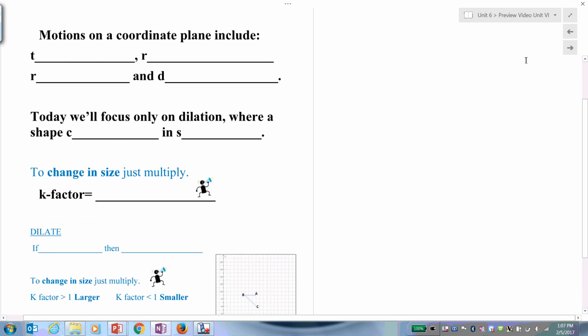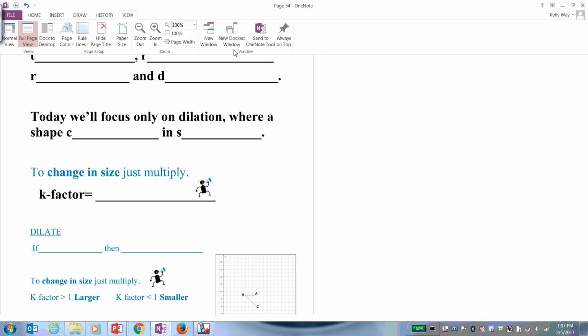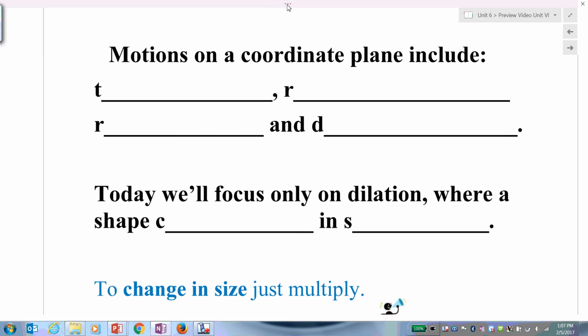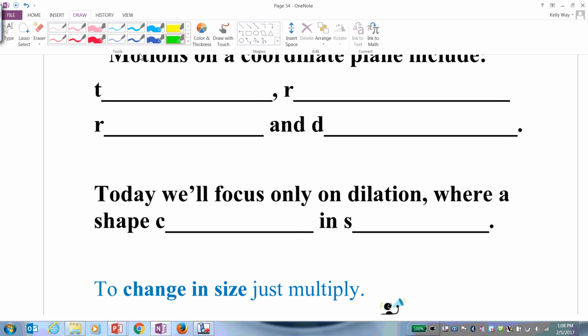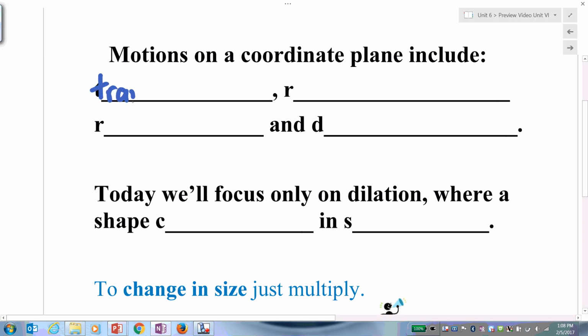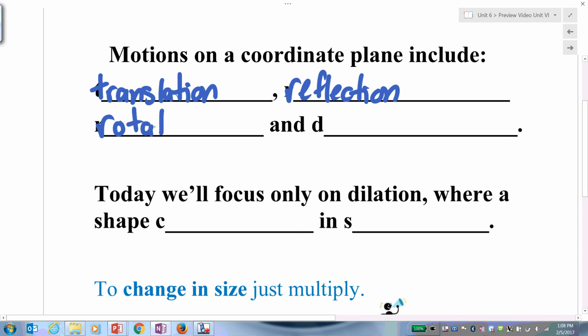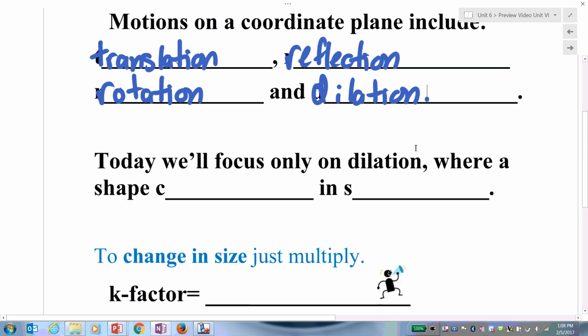So the motions on the coordinate plane include translation, reflection, rotation, and dilation.